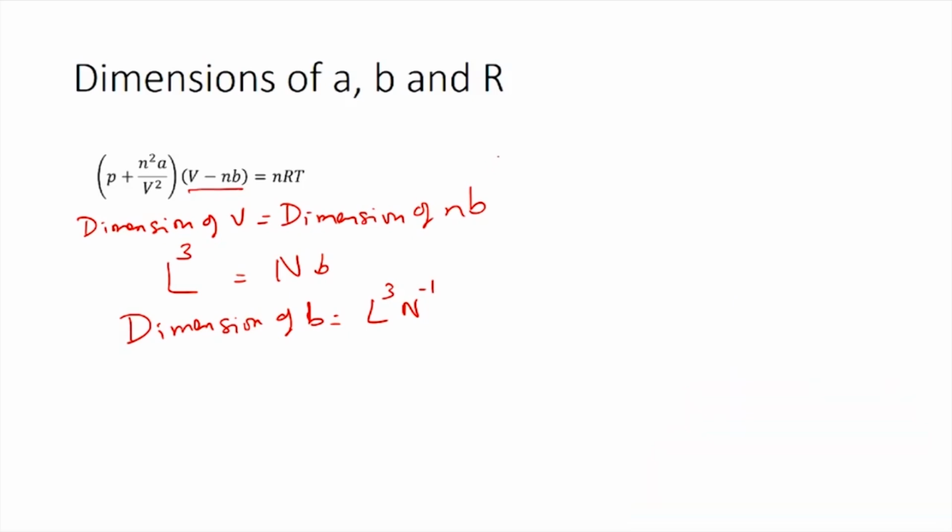So, now we can calculate the dimensions of R basically using the rule that dimensions of the left hand side should be equal to the dimensions of the right hand side. The left hand side is basically the dimensions for pressure, which is the first term, and the dimensions for volume, which is the second term.